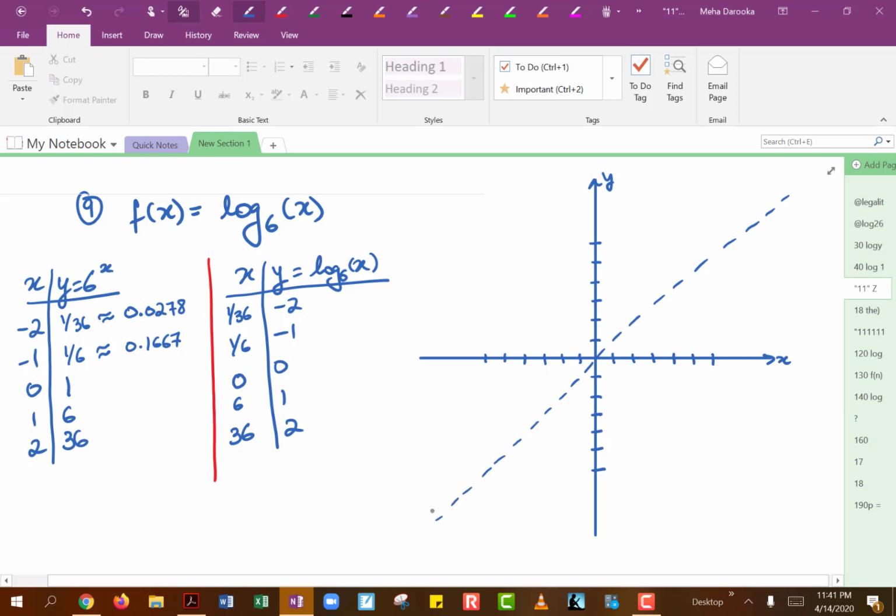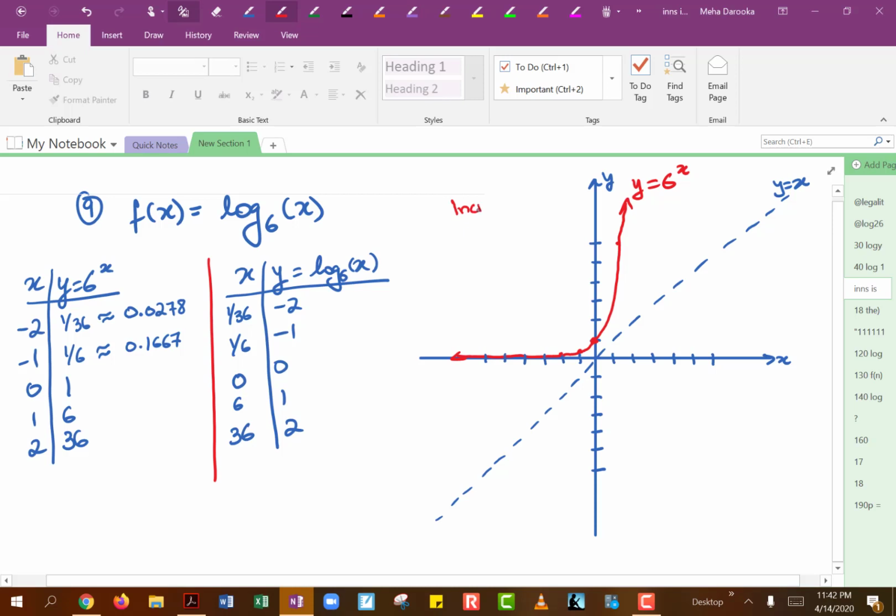So I'm actually going to graph my 6 to the x exponential function first. So that's going to be at 0, 1, 1, and 6. And then these guys would be getting closer to the x-axis. So this graph will get closer here. This one will go up. And this is for y equals 6 to the x. So remember, this is an increasing function.